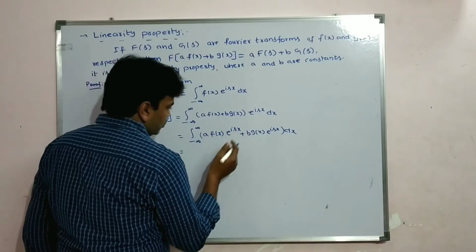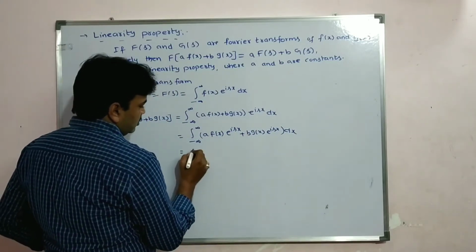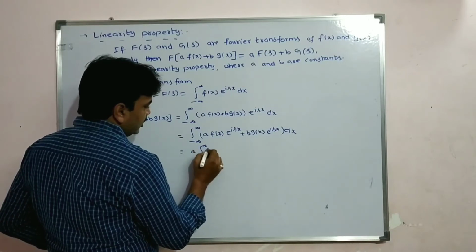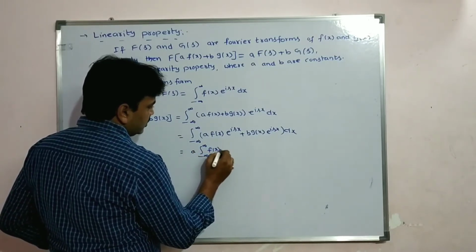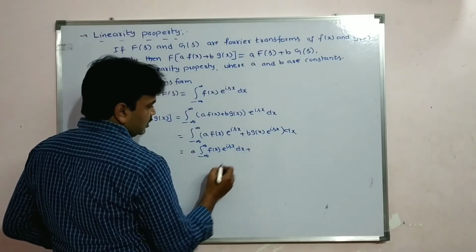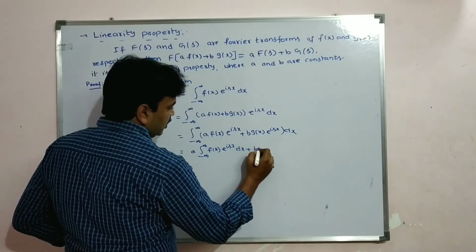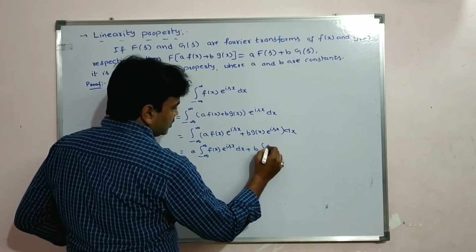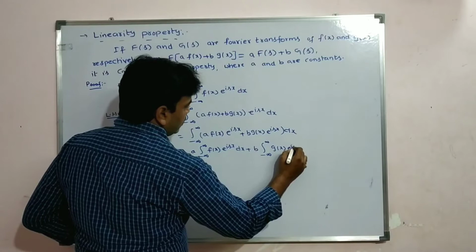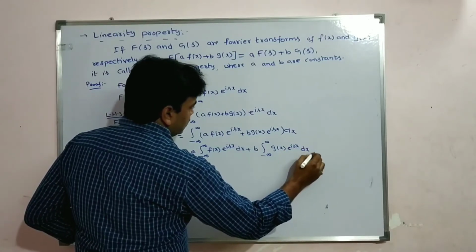Now we separate the terms. a is a constant, so a times the integral of f(x) e power isx dx, plus b is a constant, so b times the integral of g(x) e power isx dx.